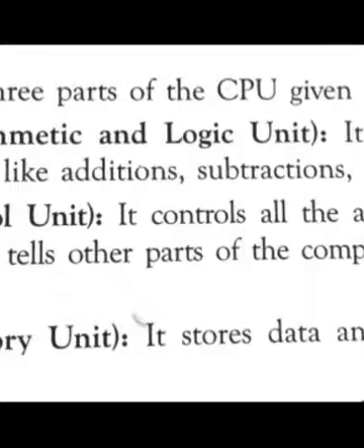It does all the calculations like additions, subtractions, etc. Second one, CU, control unit. It controls all the activities of the computer. It tells other parts of the computer what they should do. Then third one, MU, memory unit. It stores data and information temporarily.